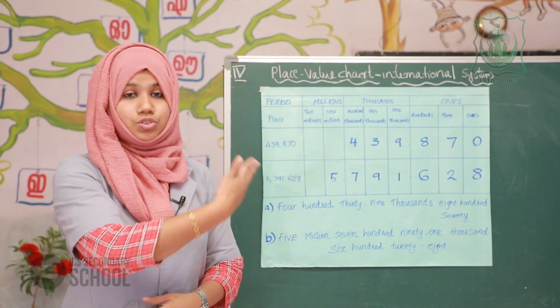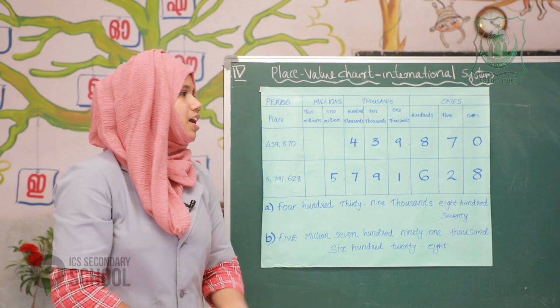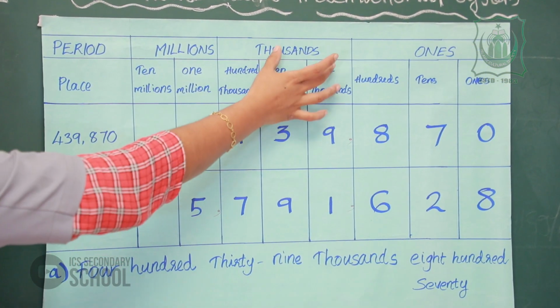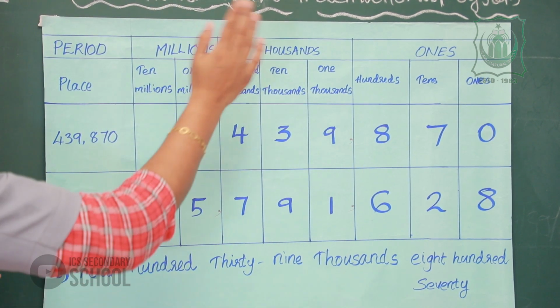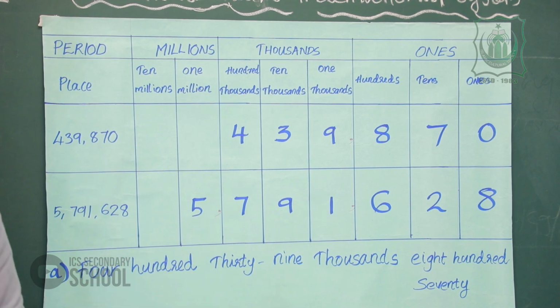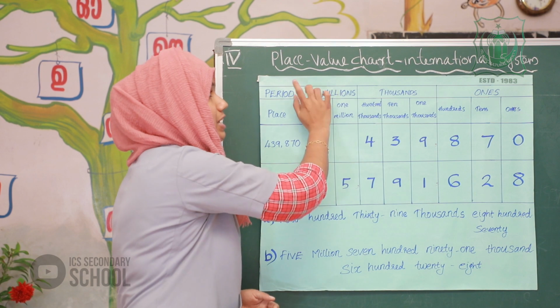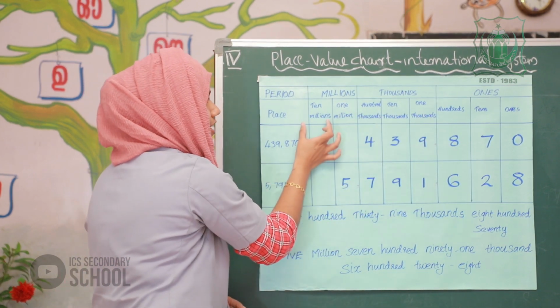Now we move on to this topic, the place value chart, international system. The same as the Indian system, it consists of 3 periods. The Indian system consists of 3 periods: ones, thousands and lakh. In the international system, it also consists of 3 periods.